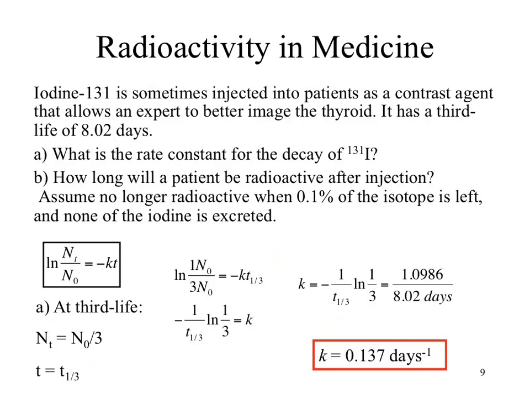Okay? Make sense? On an exam, or even the homework, more than likely what you would be asked is just question B. How long will a patient be radioactive after the injection? Okay, what are we asking for with that question? Asking for time.